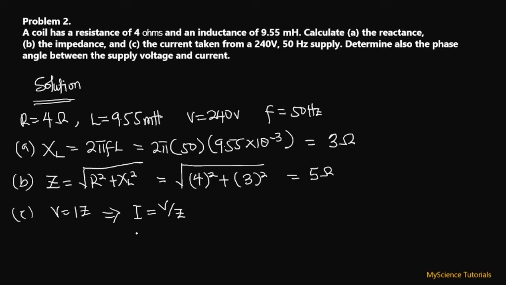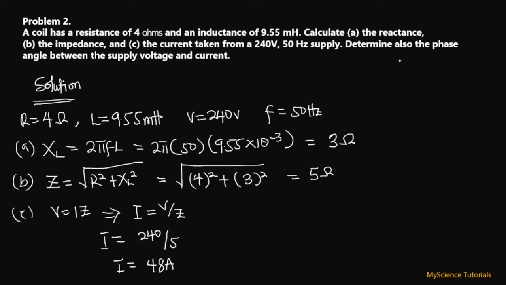So our current is equal to our voltage, 240 volts, and the impedance that we just found is 5 ohms. So our total current that passes through this particular circuit is going to be the ratio of 240 to 5, and that is going to give us 48 amperes.